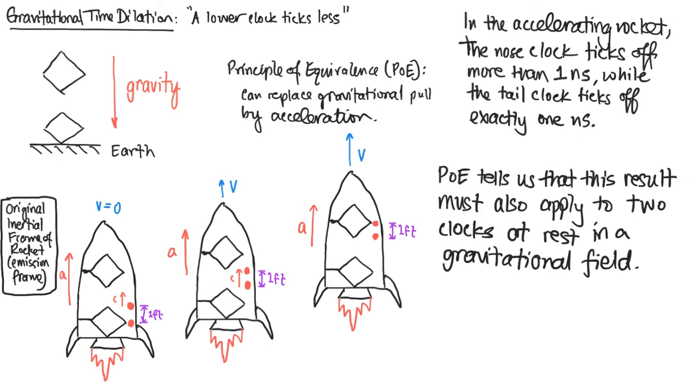And so that gives us the main result, that the lower clock ticks less. In this case, the clock close to the Earth ticks less than the clock further from the Earth. In the accelerating frame, that is the tail clock ticking less than the nose clock.